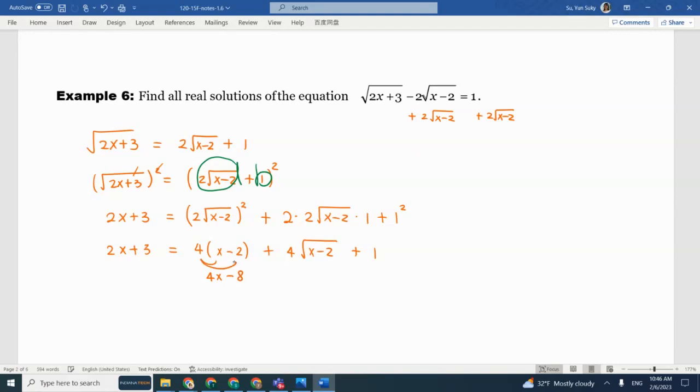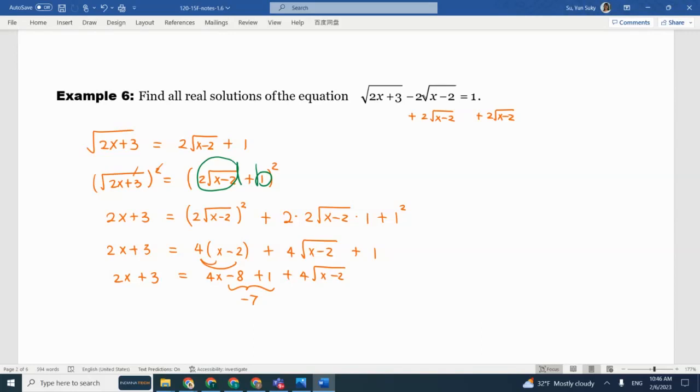Yeah, very good. And then we have plus 1, right? So let's move the plus 1 together with the minus 8. What's minus 8 plus 1? Minus 7, exactly.